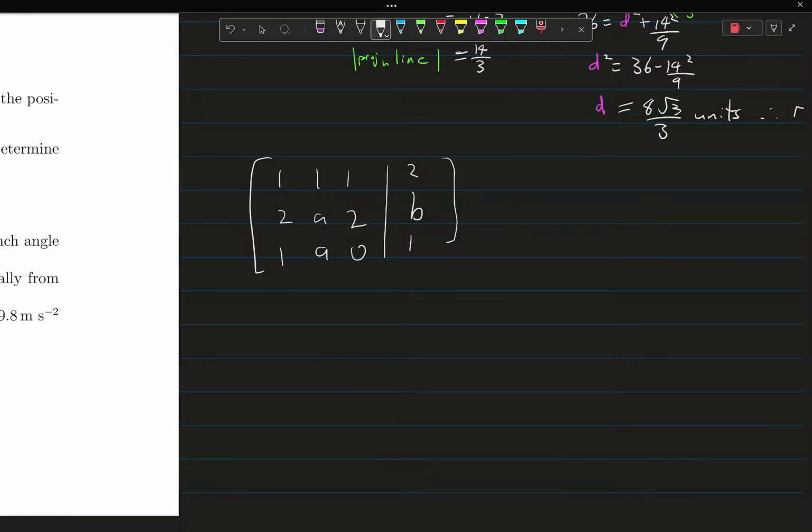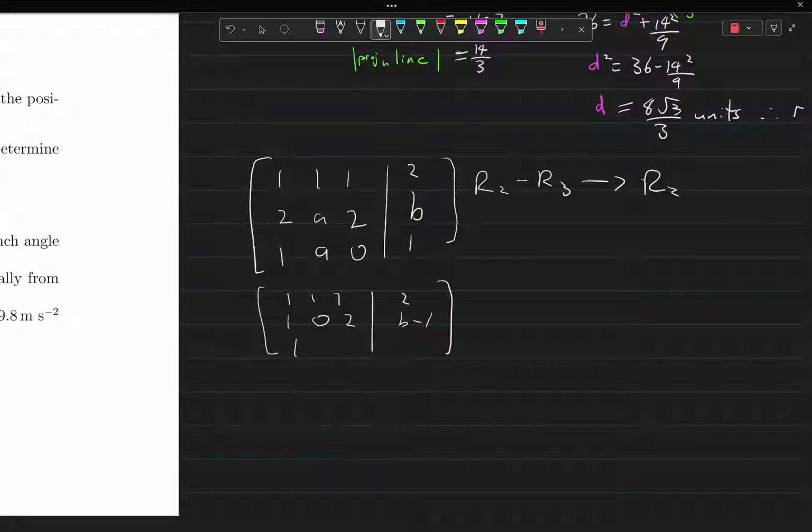So if we subtract row 3 from row 2, we will get 1, 1, 1, 2, 1, 0, 2b minus 1, 1, a, 0. So we have that 0.